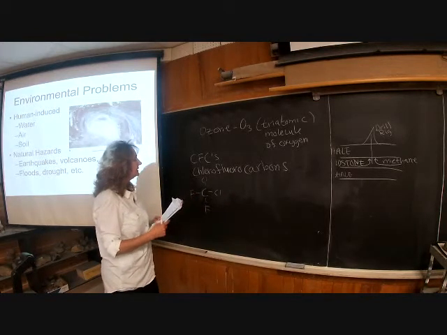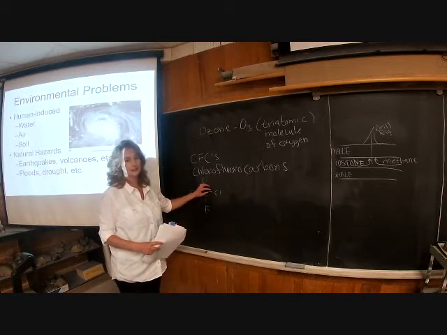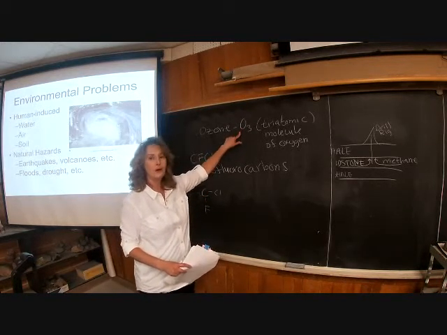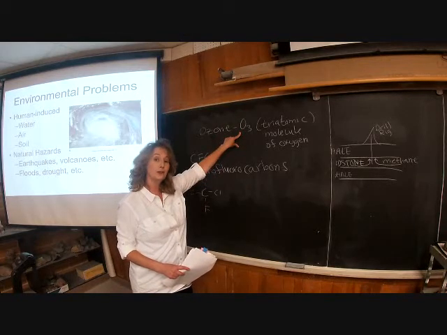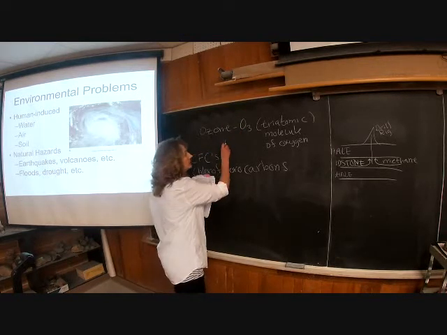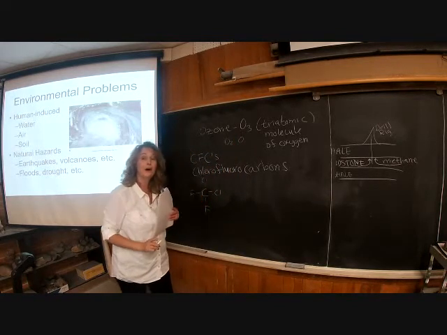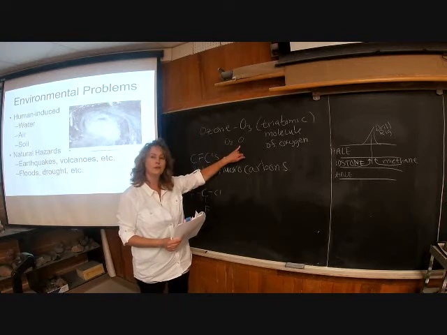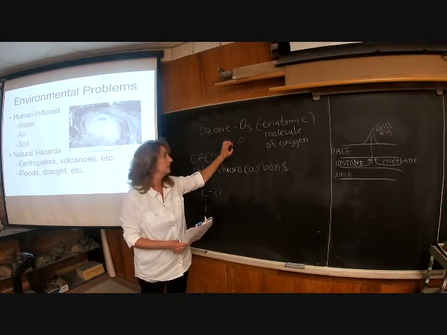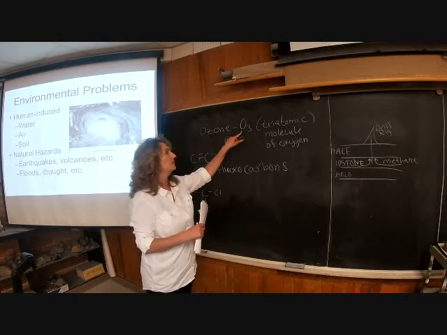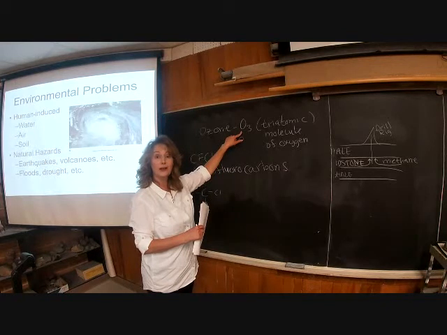What it is, it's really the chlorine that's the problem, because the chlorine is going to react with and break apart our ozone molecule. It's going to break it into an oxygen molecule and a single separate oxygen atom. It breaks it apart and binds with it. And so it doesn't allow it to reform into O3, the triatomic structure, which is ozone.